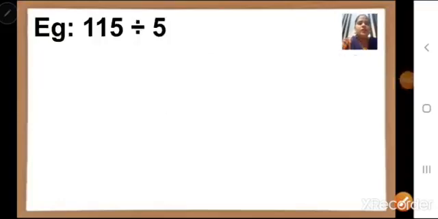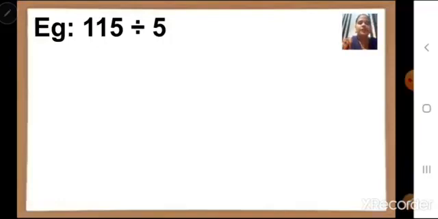Children, look at this example. Here we have 115 divided by 5. Now 115 is our 3-digit number and it is our dividend, whereas number 5 is a 1-digit number and it is our divisor. Now we have to divide.